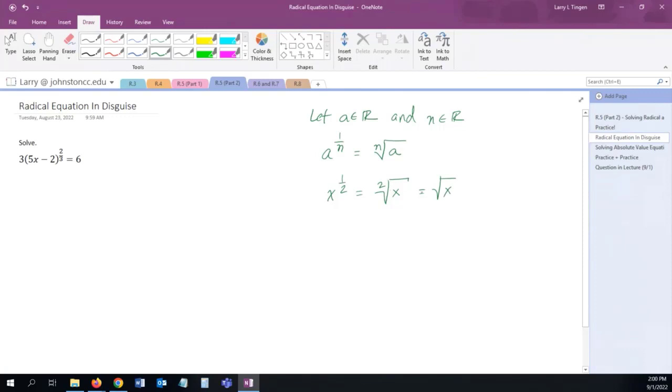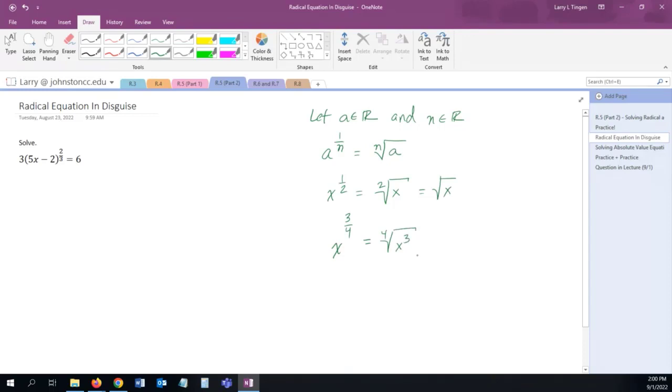That's a square root. We don't write the 2 typically. But if I had x to the 3/4, remember that this is cubed, and then this is the 4th root. So I'm taking the 4th root of x cubed.